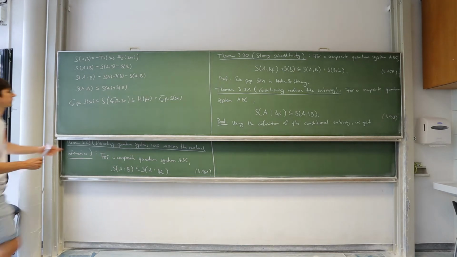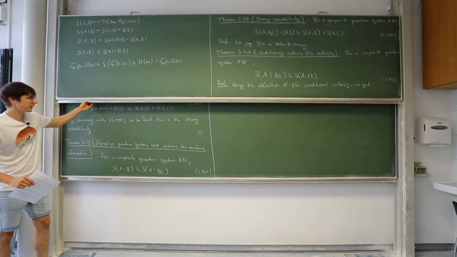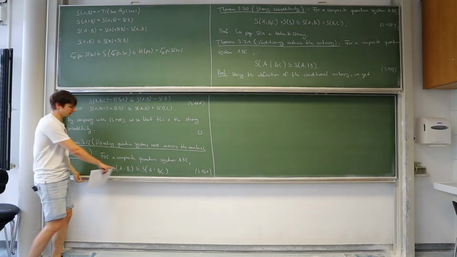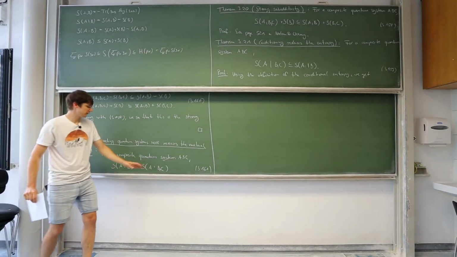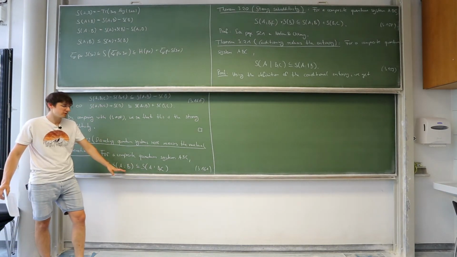So how you can see this, well, if you remove one system, then the mutual information must be smaller.